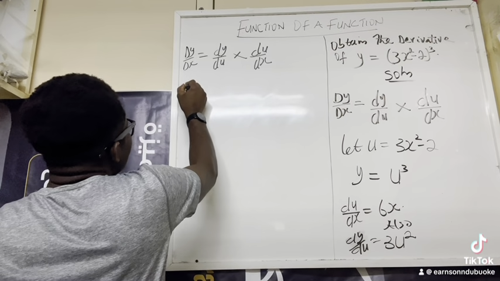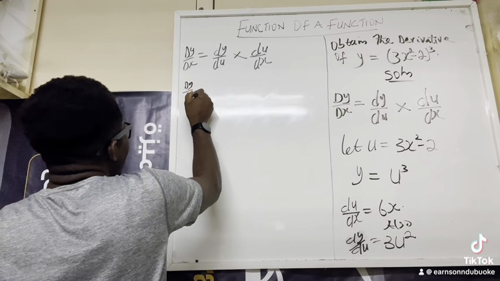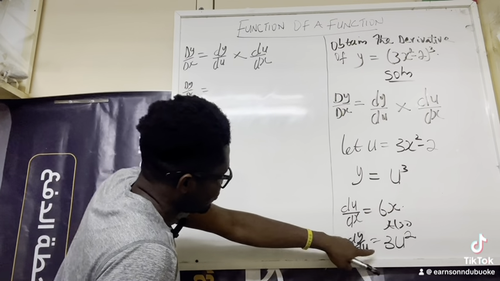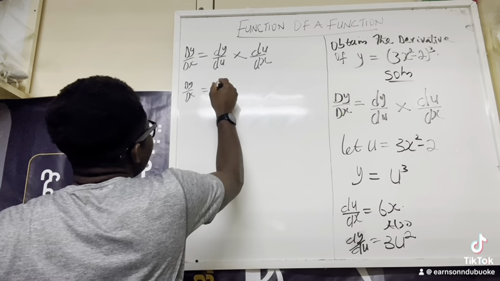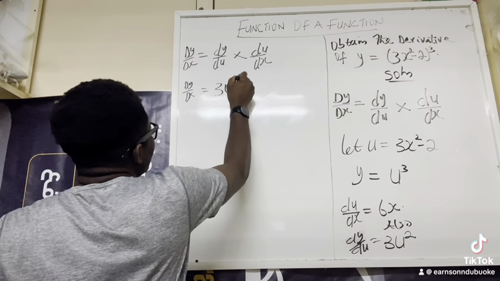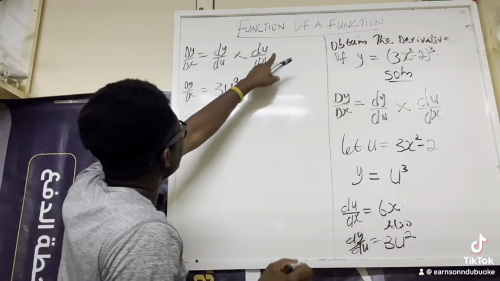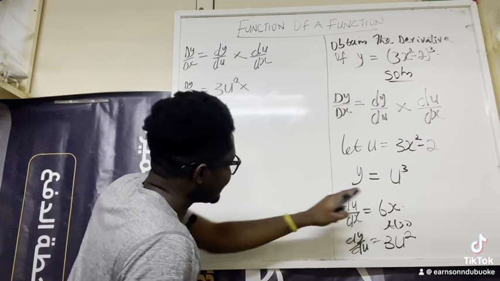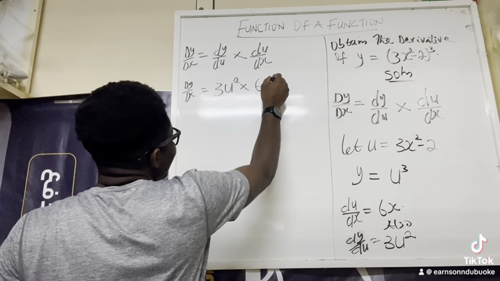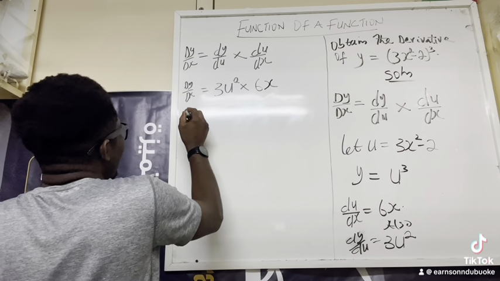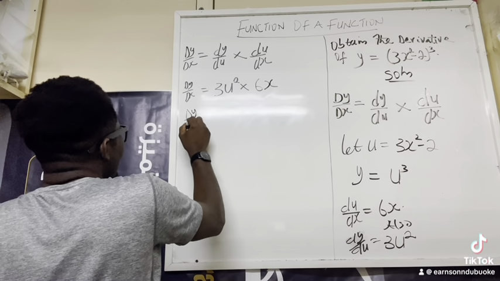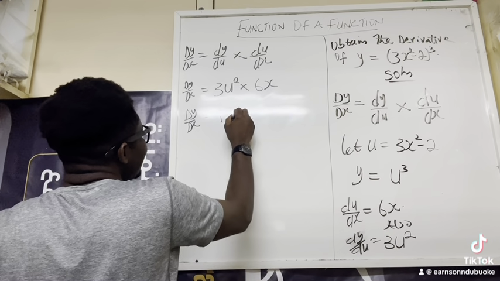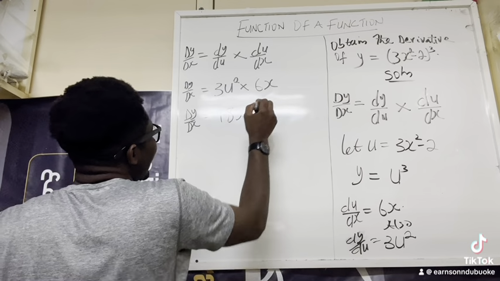You now have dy over dx is equal to dy over du, which is 3u squared, times du over dx, which is 6x. Multiply both of them, you have dy over dx is equal to 3 times 6, which gives 18x u squared.